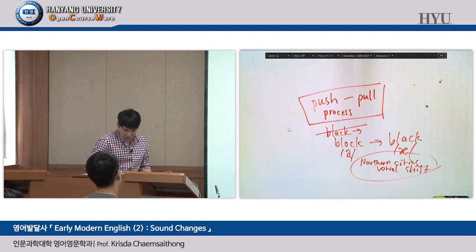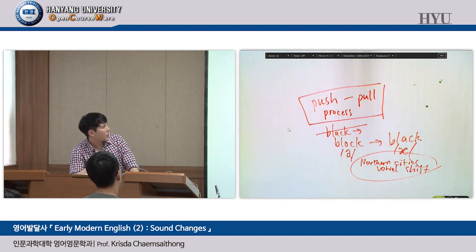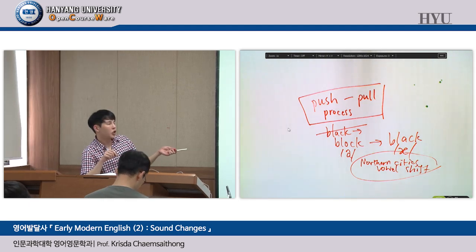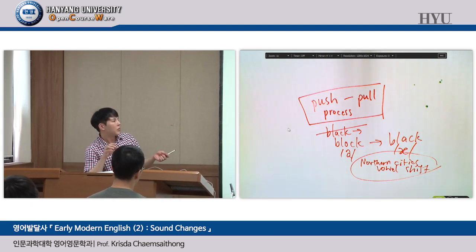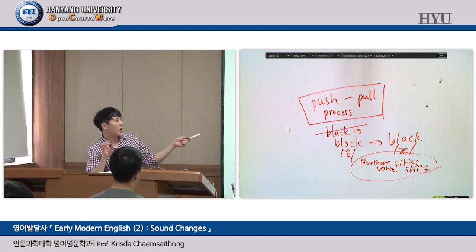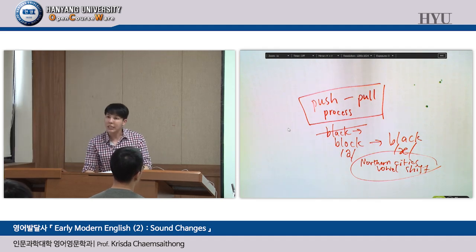I need to Google real samples of people who do the northern cities vowel shift, and I'll show you next time that people really shift their pronunciation in modern days.